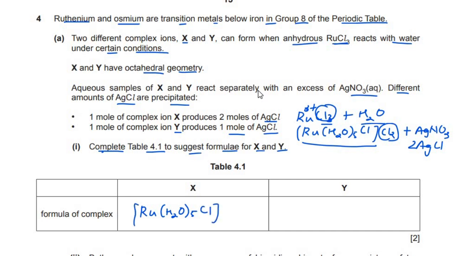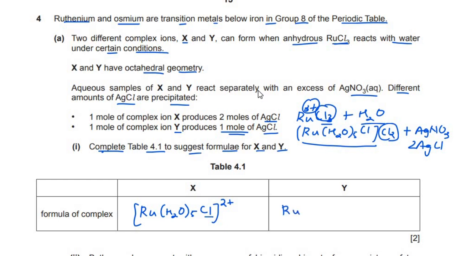Now if you work out the charge, ruthenium has a 3+ charge in this reactant. Out of that, if a chloride ligand is there which has -1 charge, the overall charge will end up as 2+. Similarly, if 1 mole of AgCl is formed, that should be the opposite here.